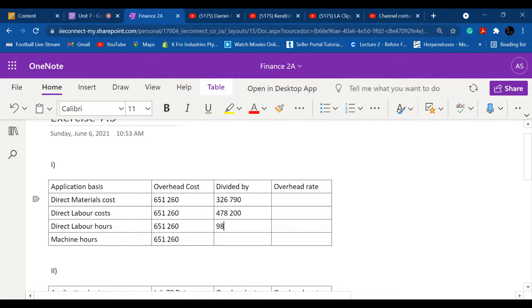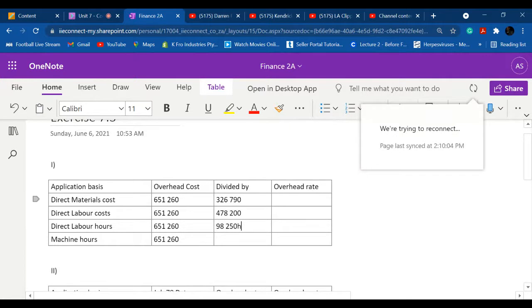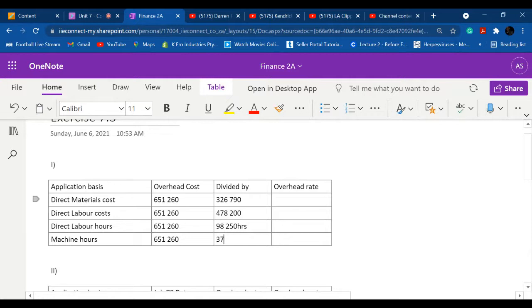Direct labor hours, we have 98,050 hours, labor hours. And we have 37,980 hours. Okay. Right. So what we have as our overhead application rate for direct materials cost, again, this is going to be a percentage.